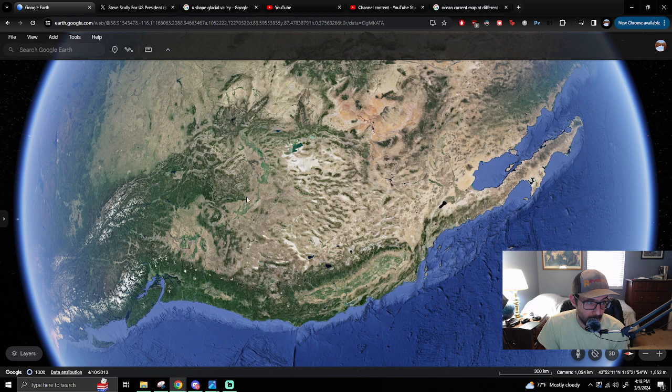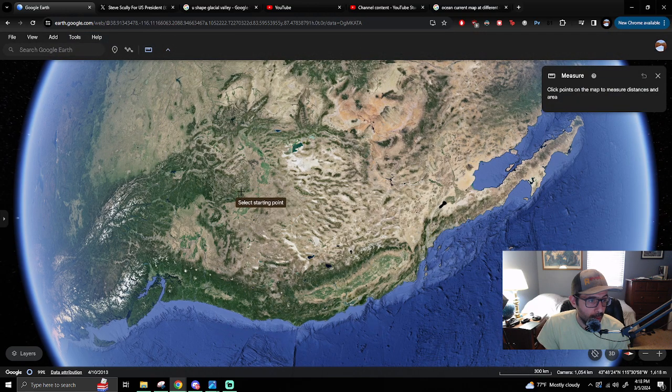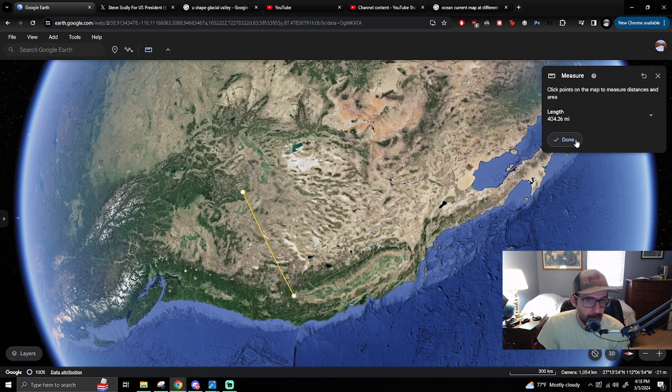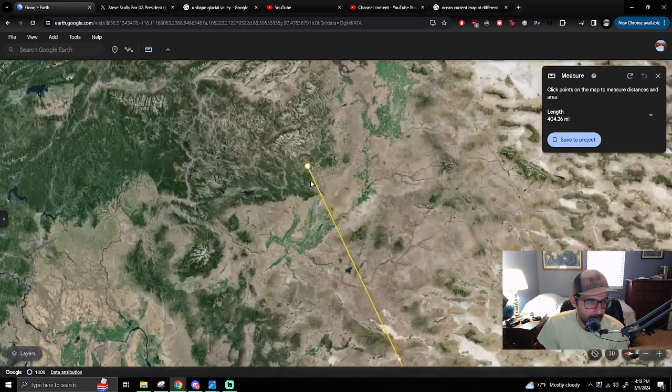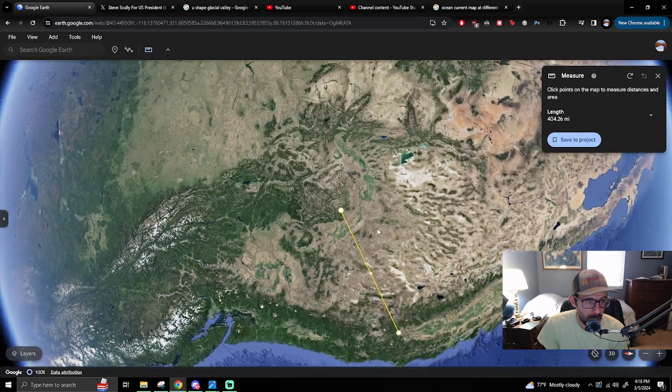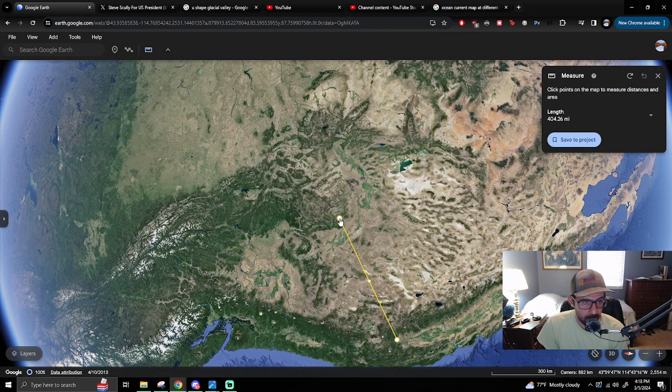So if we follow this little dude, this straight portion, maybe even over there, generally some area that's not as protected by the Idaho batholith.